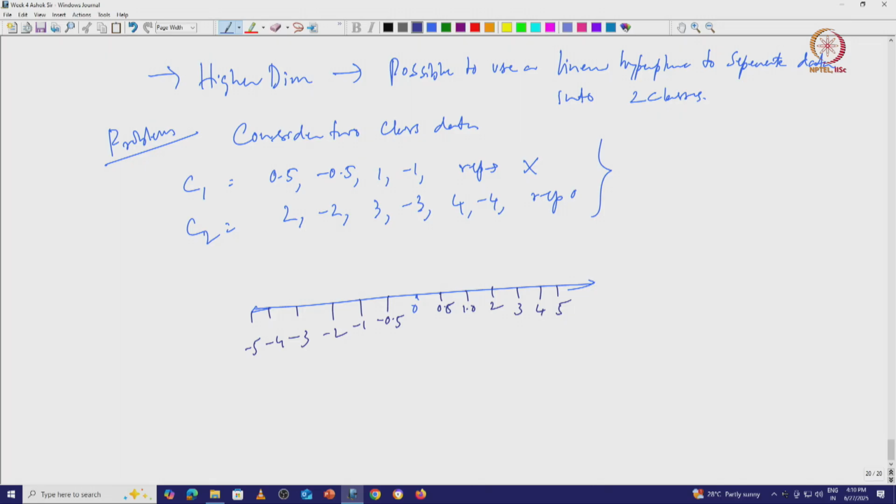This is X. What is X? 0.5 is X. Minus 0.5 is X. 1 is X. Minus 1 is X. Class 2 is 2, 3, 4, minus 2, minus 3, minus 4.